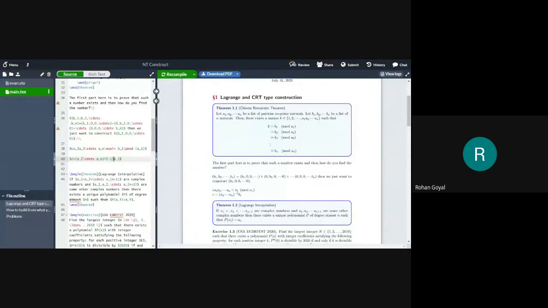Right, you know inverses exist if these two things are co-prime. So yeah, we can just set this now and we're done.